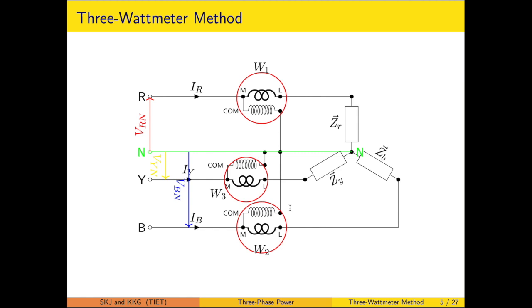What we will be seeing is that when we are referring to the voltage VRN and the current IR, it is doing the single phase power measurement. So this 3 watt meter method is basically a reference to 3 measurements, and each measurement is for the single phase power.